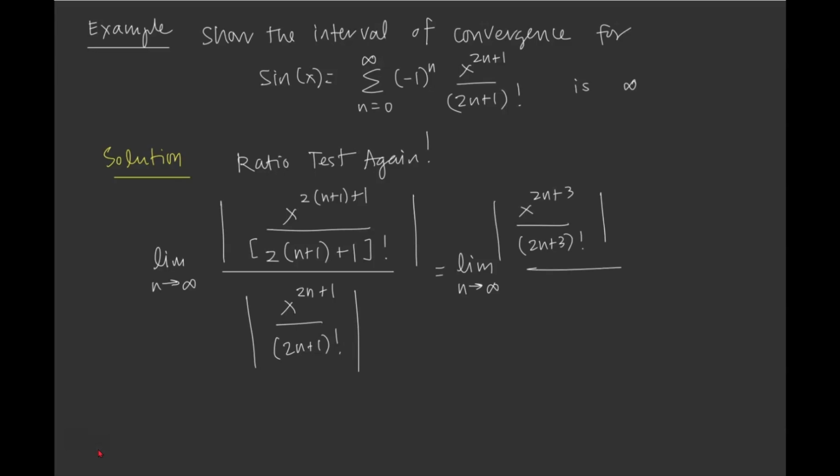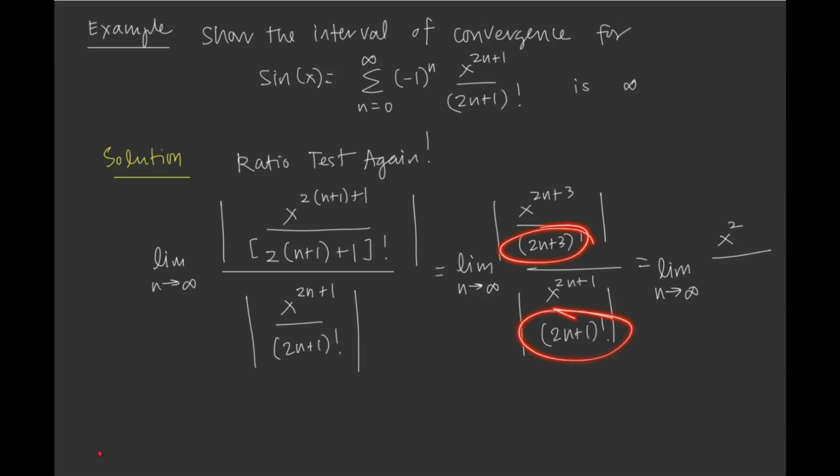And in the denominator, we still have x to the 2n plus 1 over 2n plus 1 factorial. Things will cancel, so we have the limit as n goes to infinity. It looks like we have 2 more powers of x than in the denominator, so that will be x squared. And then in the numerator, a lot of these will cancel. This whole thing goes away, and we're left with just 2n plus 3 times 2n plus 2.